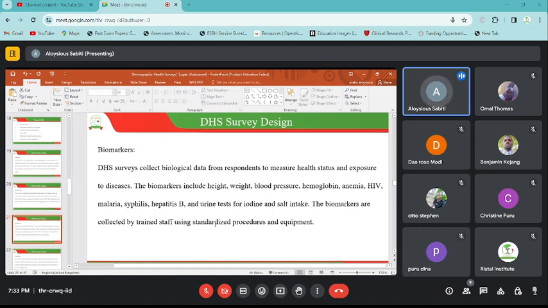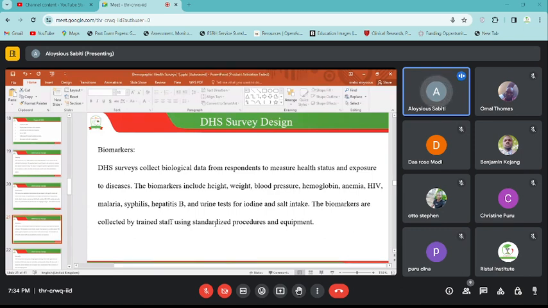And the biomarkers in the demographic health survey, some of them include what we call the height, weight, blood pressure, hemoglobin, anemia, HIV, malaria, syphilis, hepatitis B, and urine tests for iodine and salt intake. So the biomarkers are collected by trained staff using standardized procedures and equipment.